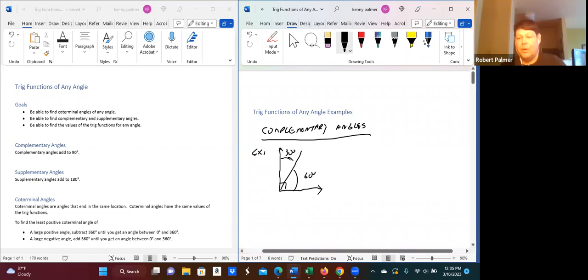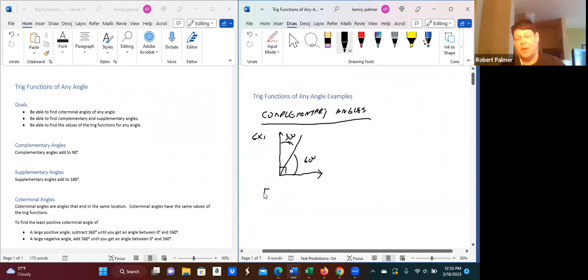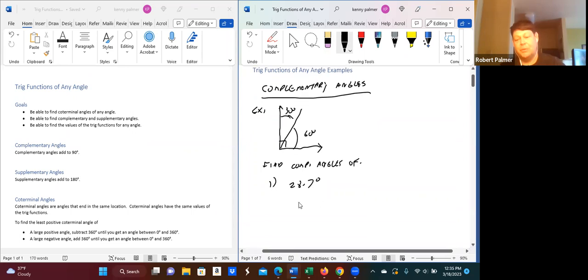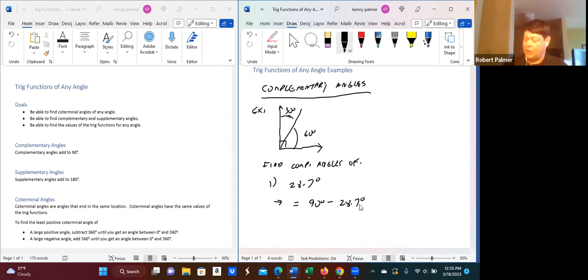Now if we have specific examples, like we want to find the complementary angle of 28.7 degrees, the way to do that, of course, is simply to say it's equal to 90 degrees minus that 28.7, and just do that with your calculator.